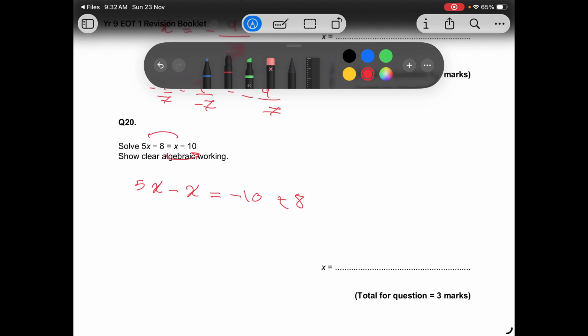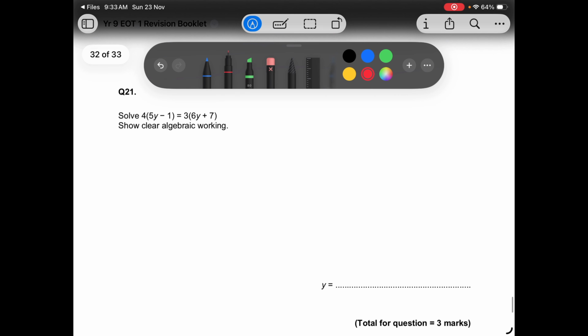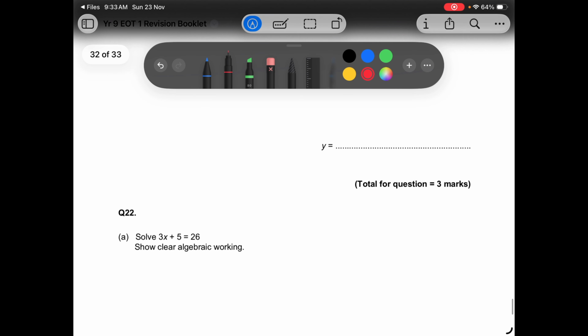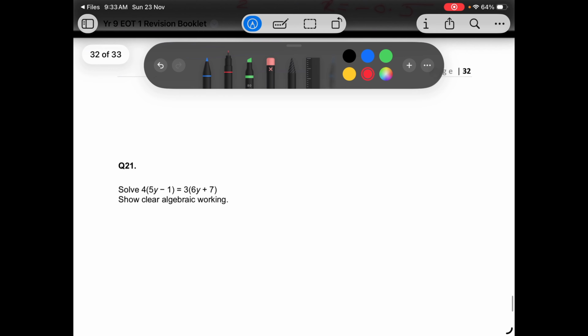Then it will be 4x equals minus 10 plus, it will be minus 2, then x will be minus 2 over 4, which is minus 1 over 2, or if you like, you can write the answer in decimals, minus 0.5.